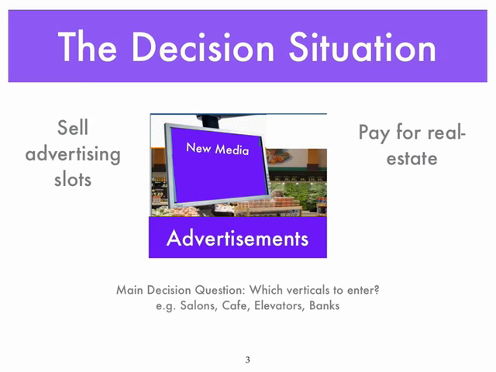So basically, the company sells advertising slots on their technology screen, and they pay the stores where they're located for the real estate to be in those stores. When we say they're trying to decide which verticals to enter, we mean stores in any kind of segment of the market, like cafes, shopping centers, clinics, elevators, cinemas, banks, anywhere customers are waiting in line for service and not doing much in the meantime.